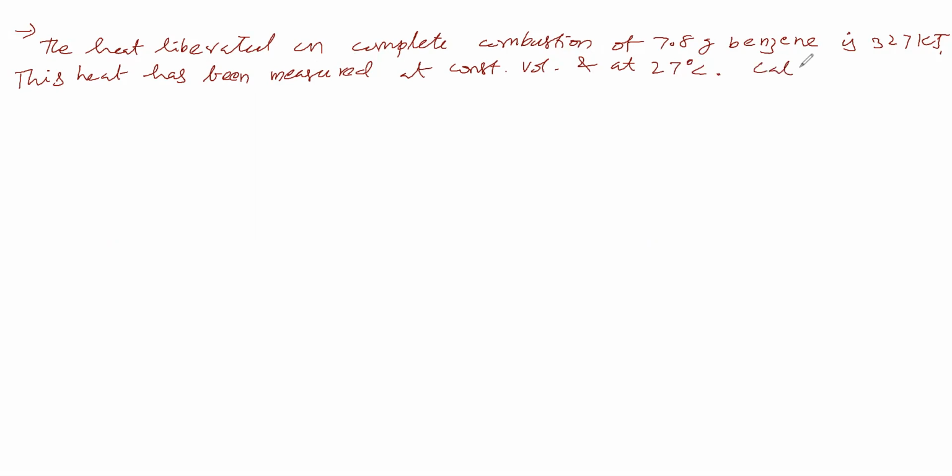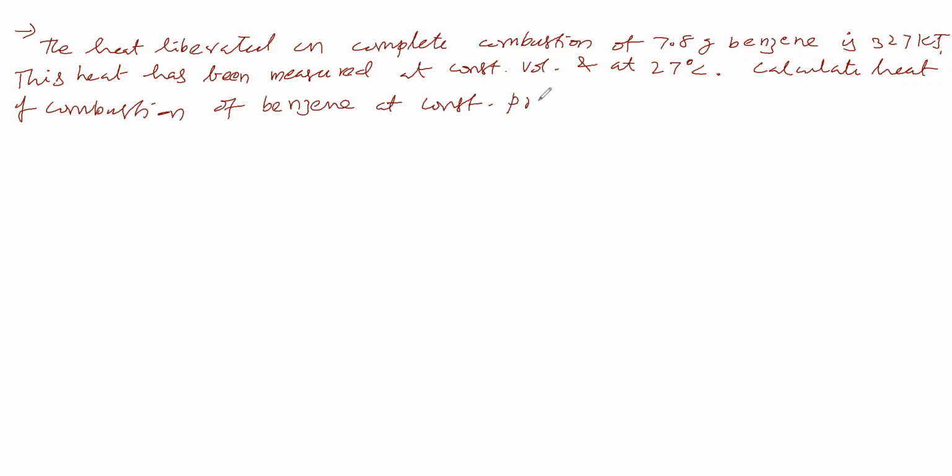Calculate heat of combustion of benzene at constant pressure and at 27 degrees Celsius. Capital R, universal gas constant, is given as 8.3 joule per Kelvin per mole.